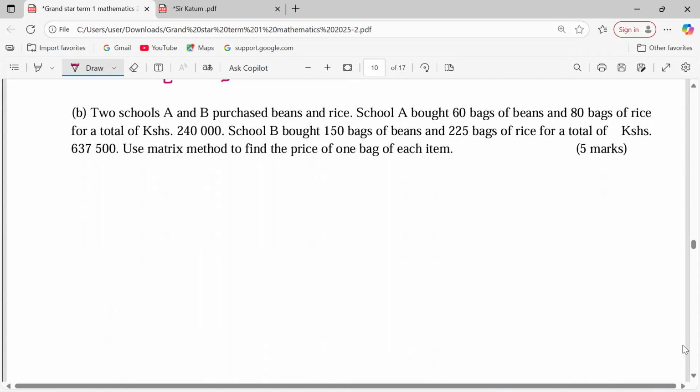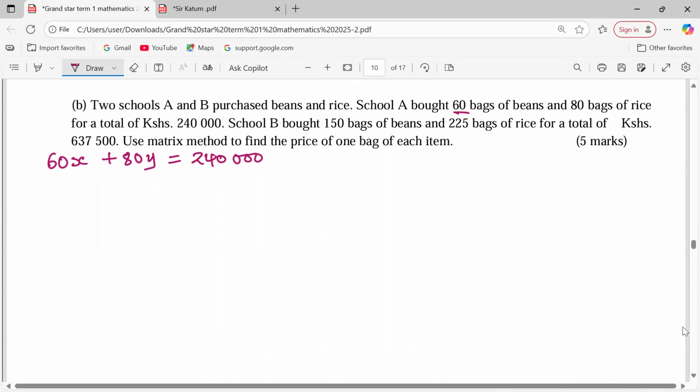So we're going to come up with linear equations first and say 60 bags of beans. Assuming that each bag of beans is sold at X, then plus 80 bags of rice, each bag is sold at Y. This gave us 240,000 Kenya shillings.